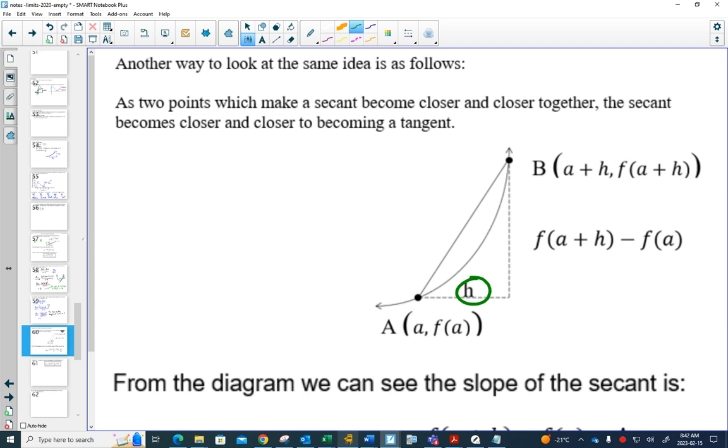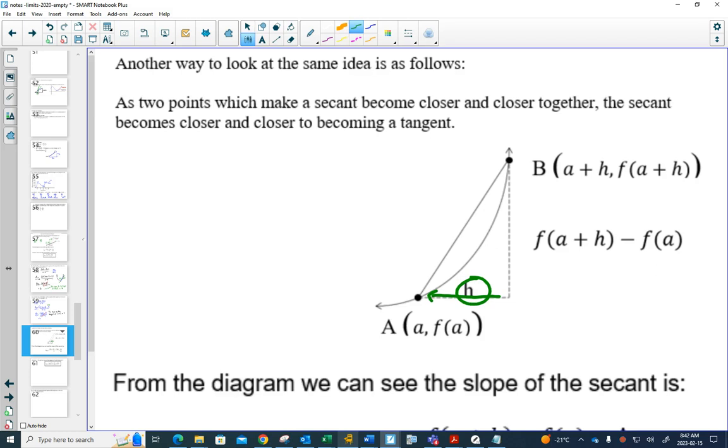Instead of saying that x is going towards A, we now say that we want h to go towards 0. And if h gets closer and closer to 0, in other words, you keep making this distance smaller, as you make that distance smaller, B would have to get closer to A, and we have exactly the same thing, but we're writing it as a different perspective.